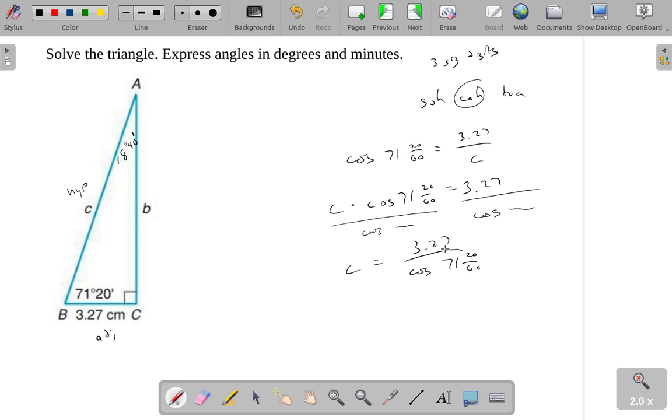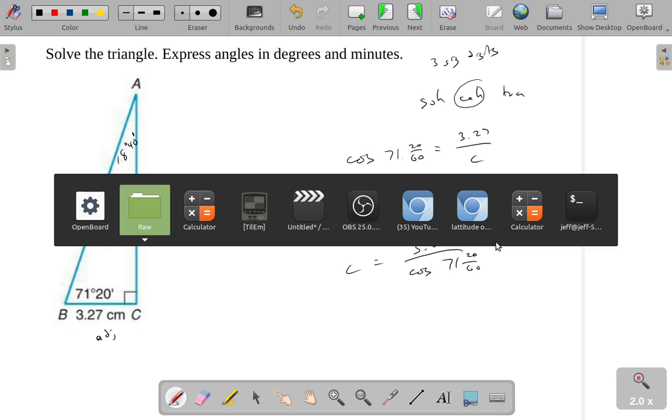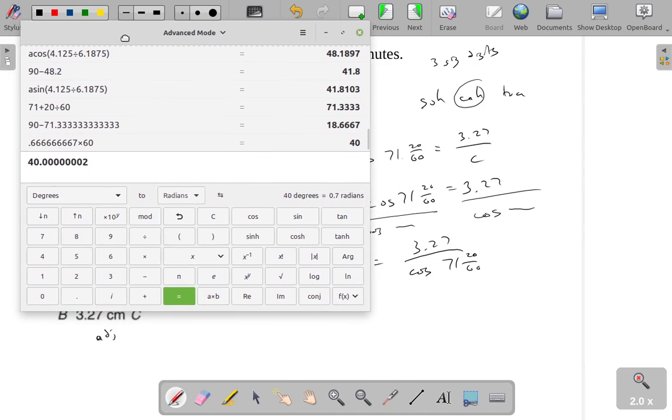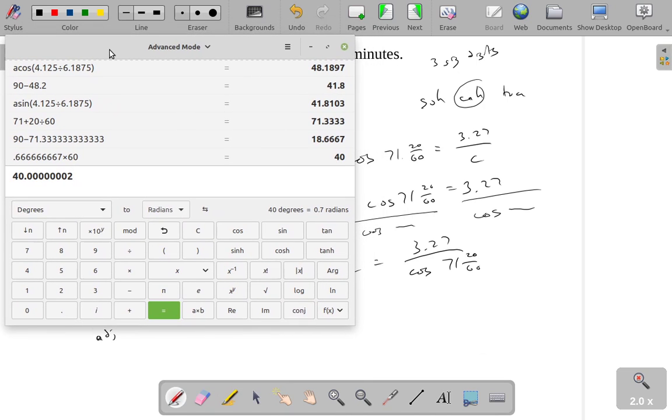So I'm doing all the algebra here before I've plugged anything into the calculator, so I'm not having to do any rounding at all, and let the calculator do all that for me. So I'll do 3.27 divided by cosine of 71 plus 20 over 60. I did want the parentheses around the 71 degrees 20 minutes though.